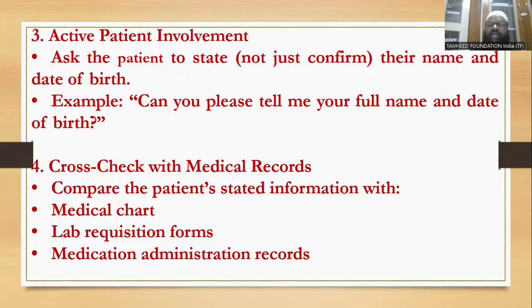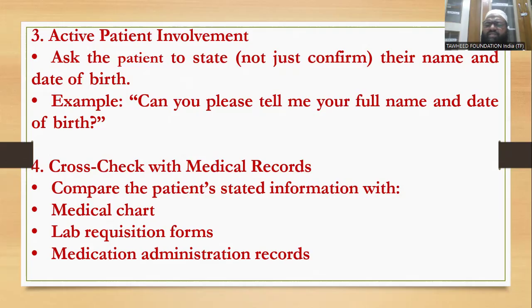Like this, you confirm his full name and date of birth so that you get a clear idea he is the patient. Sometimes the patient comes with an attendant, a close relative. The relative goes and sits on the phlebotomy chair and gives the sample because he doesn't know what's happening, thinking they are collecting his sample.